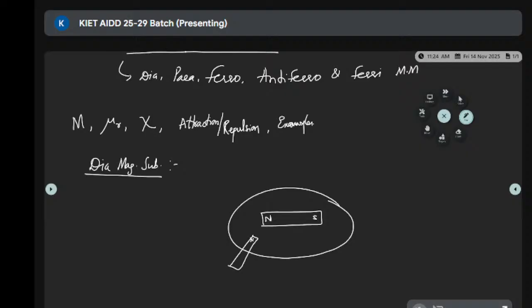Which will be induced. All diamagnetic substances, when they are kept in the magnetic field, do not have a permanent dipole moment.